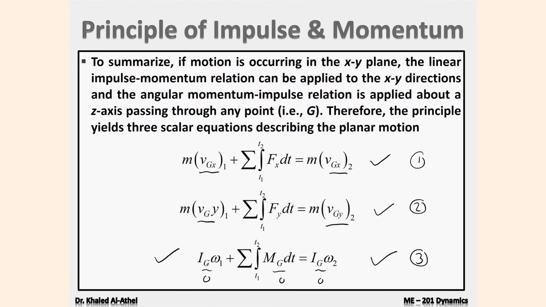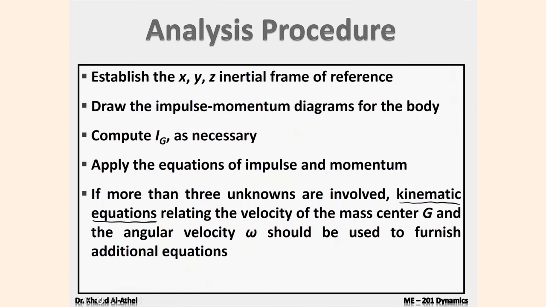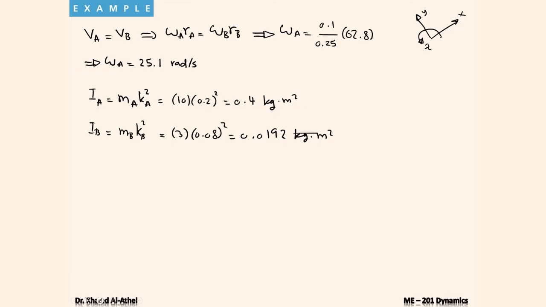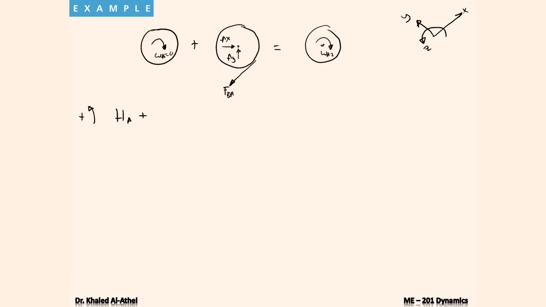And remember, I told you, instead of G, you can apply IO or whatever. We are using the center of mass G directly. So A is my center of mass in this problem. So it's going to be HA1 plus the integral of M dt, the summation of M dt, whatever moments and forces I have, should equal HA2. Now this will give me that HA1 was 0.